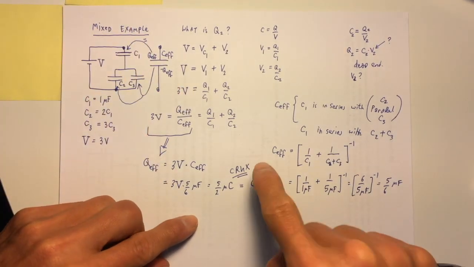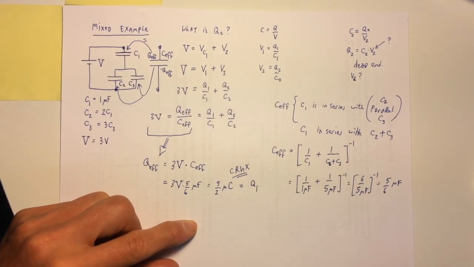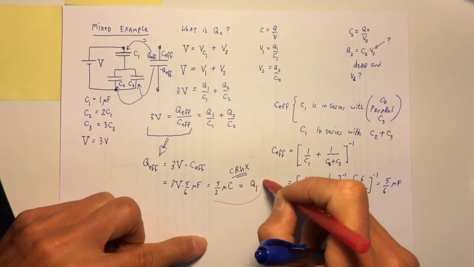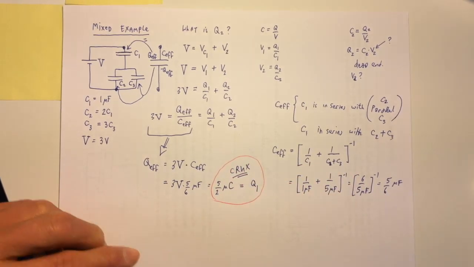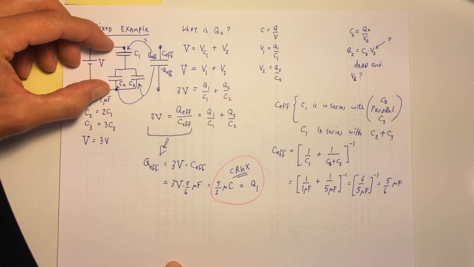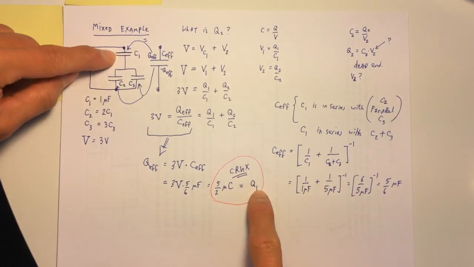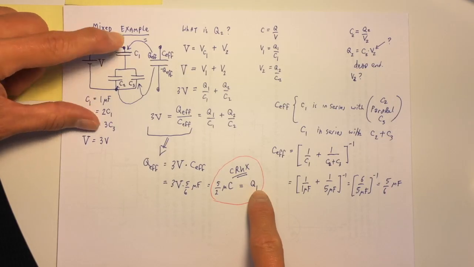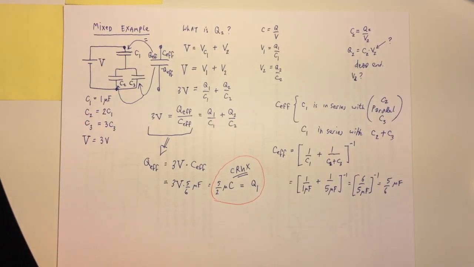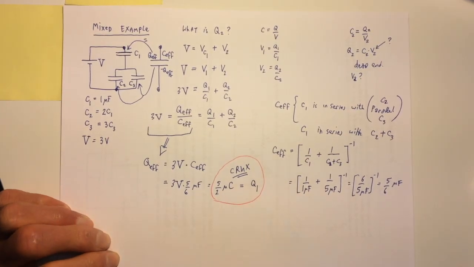So when I make this decision right here, this is the big crux: the effective charge on this capacitor network is actually the same as the charge separated on capacitor number 1, which is a charge conservation decision. Then I've got the charge.